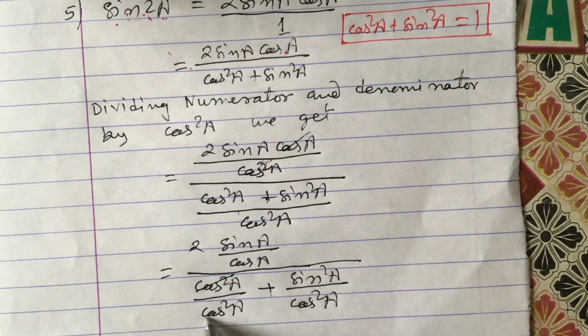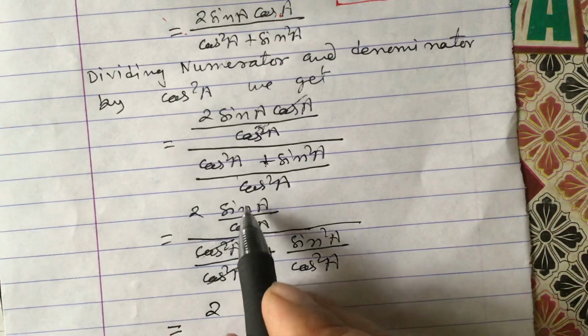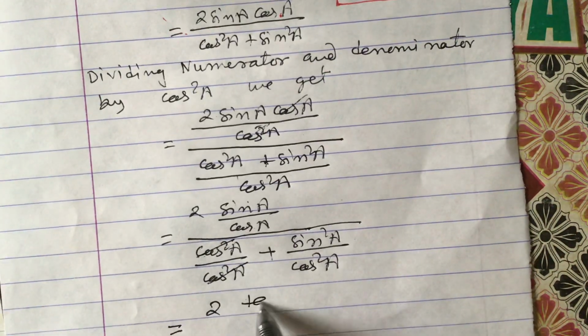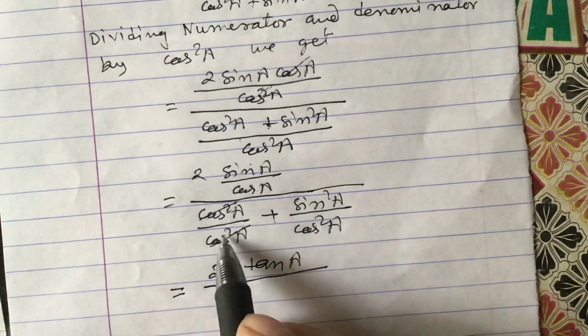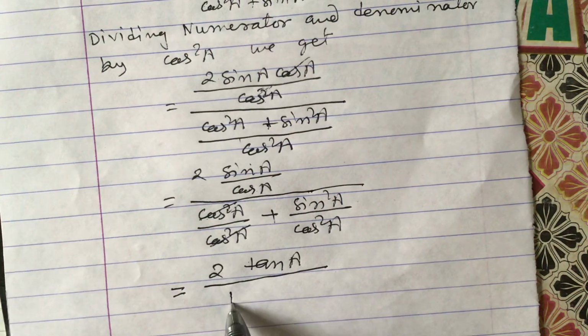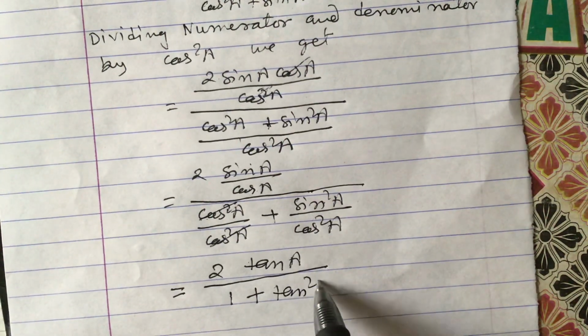This cos square A cancels. So this is equal to 2 sin A by cos A, which is tan A, divided by, now this cos square A cancels, so we got 1 plus sin square A by cos square A, which is tan square A.